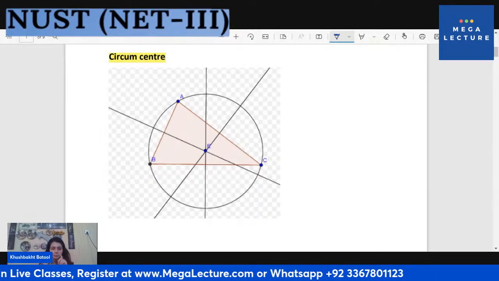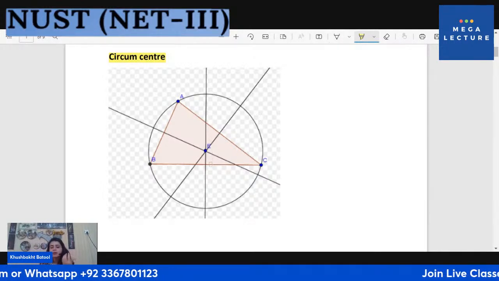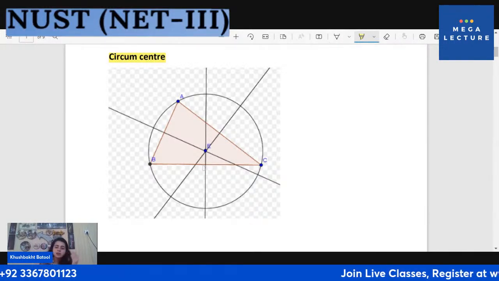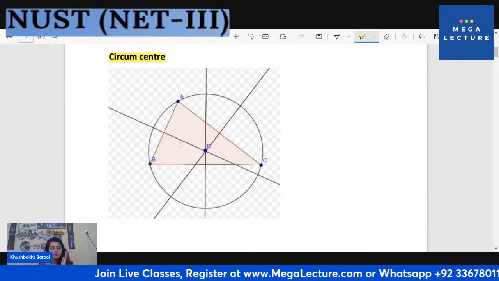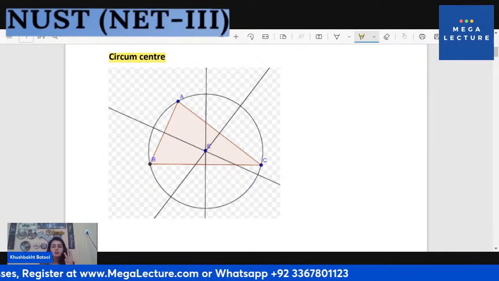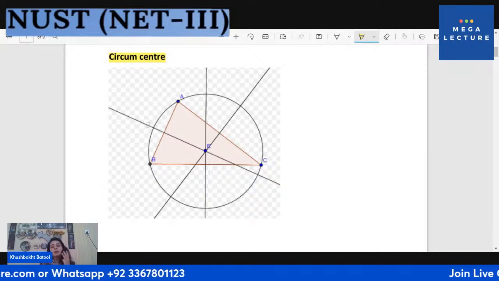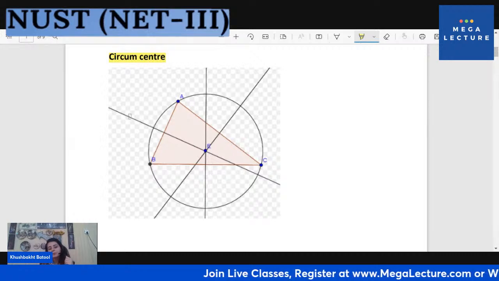That is it. Now, an important thing about this is that this center is obviously the center of your circumcircle, but it has some other thing as well. And that other thing is whatever triangle you're using for making the circumcircle, the triangle would be having three sides. You need three perpendicular bisectors which would be bisecting the three sides of the triangle.